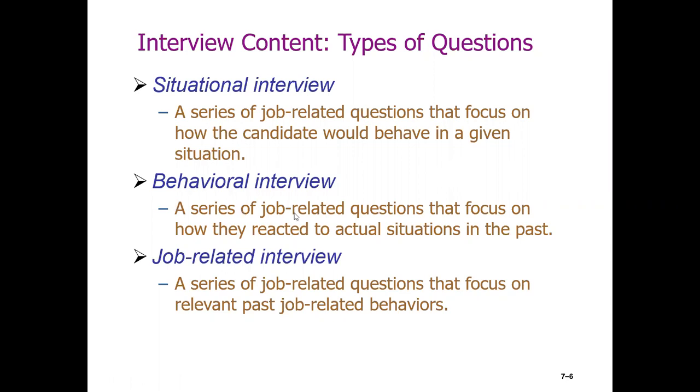And when you talk about behavioral interview, a series of job-related questions that focus on how they reacted to actual situations in the past. That can be a little case study format as well. And when you talk about job-related interview, a series of job-related questions that focus on relevant past job-related behaviors.